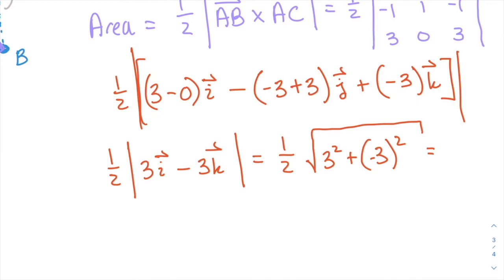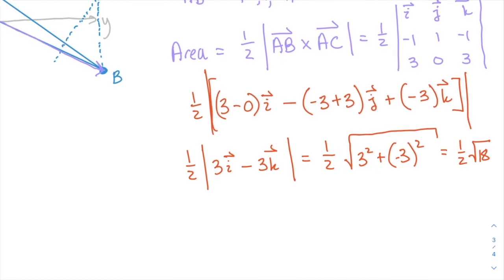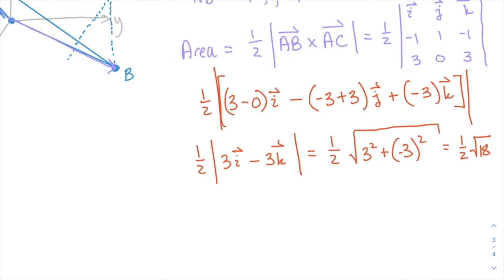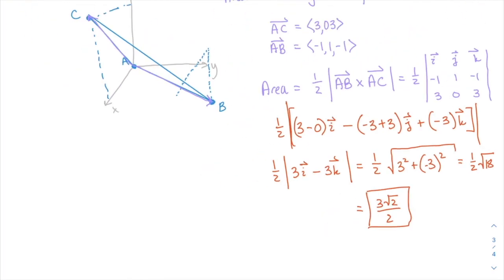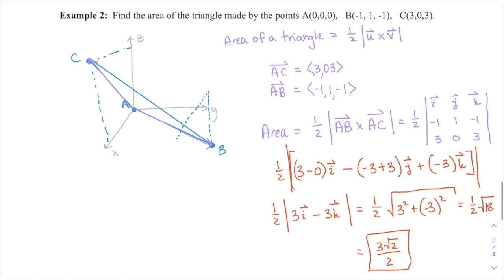It's 1/2 root 18, which I believe can simplify down. 18 is 3 times 3 times 2. So that's 3 root 2 over 2. So that's the simplified exact answer for the area of the triangle made by these 3 points. We used the property of the cross product's magnitude being the area of the parallelogram to find that area, and then we just cut it in half to get just the area of the triangle.